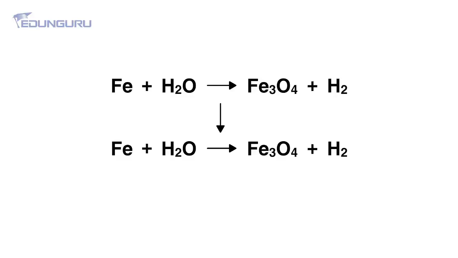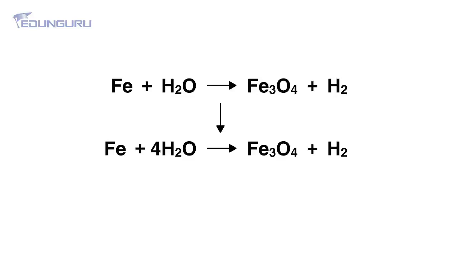Here in the product, the number of oxygen atoms is 4. In the reactant side with water, the number of oxygen atoms is 1. So to balance this, we need to multiply the reactant water with 4. So in front of that box of water, we need to put the digit 4.